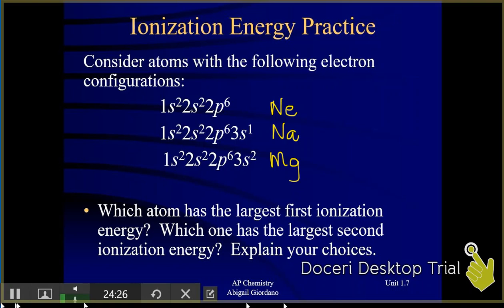Which one has the largest second ionization energy? Let me ask that another way: in which of these elements would we see a large jump between the first ionization and the second? I hope you said sodium, because sodium has one valence electron.